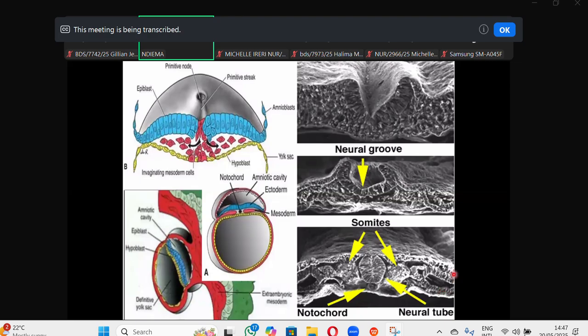Now, the lateral plate mesoderm is divided into two parts, where we have the somatic part next to the ectoderm that develops to form the body wall.